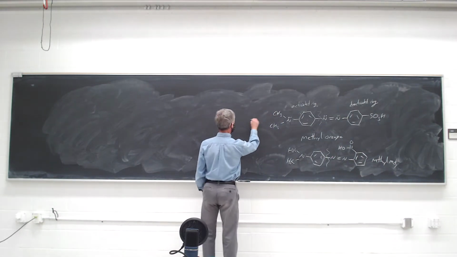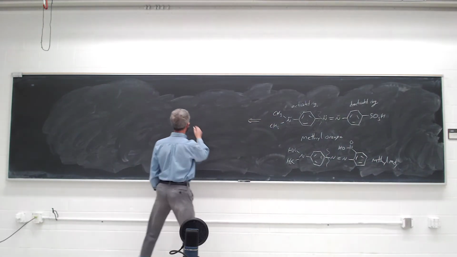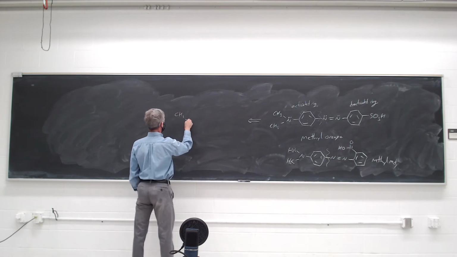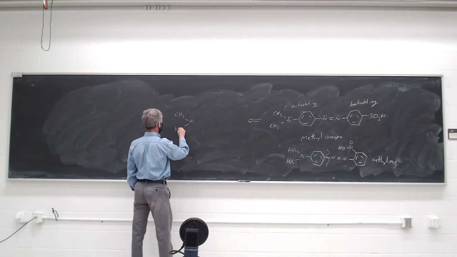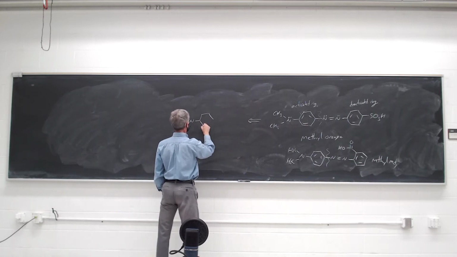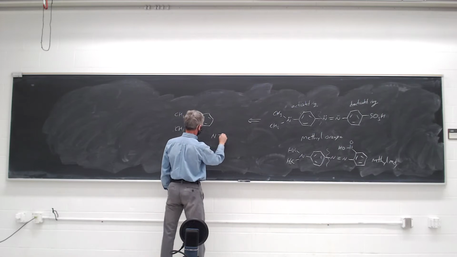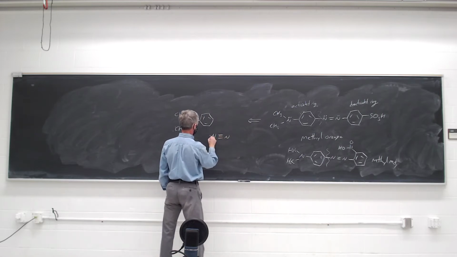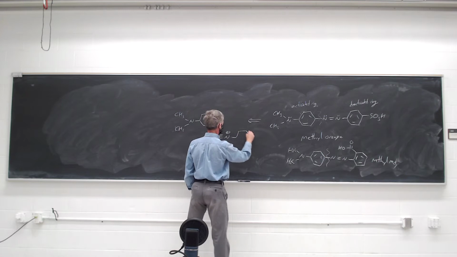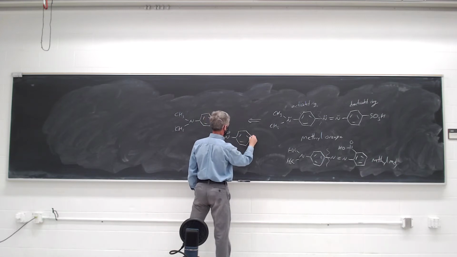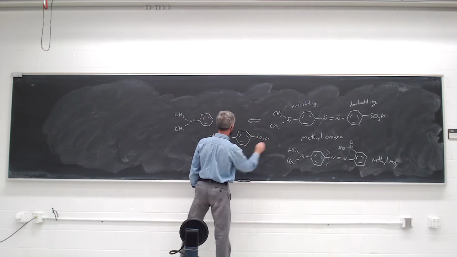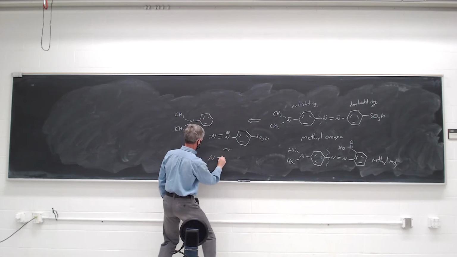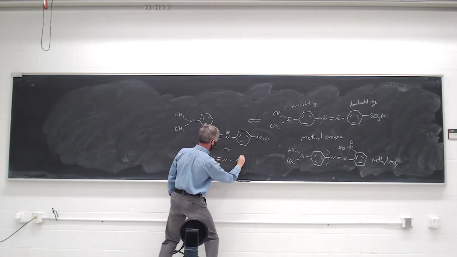So if we were working backwards, we would want our precursor to be dimethylaniline and the diazonium salt of the sulfonic acid, or the diazonium salt of the carboxylic acid.